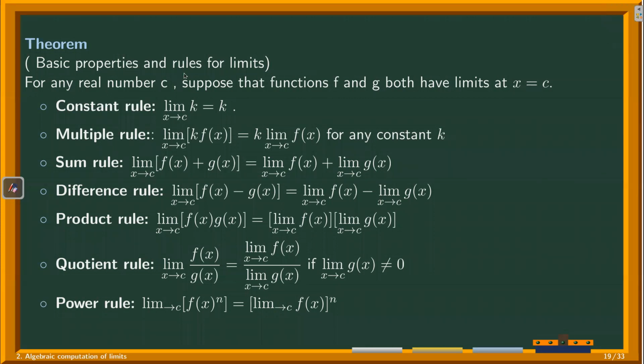There we have this rule set. So this rule set, the constant limit rule, says that for a constant function, the limit is always constant. For example, we take a function like this.